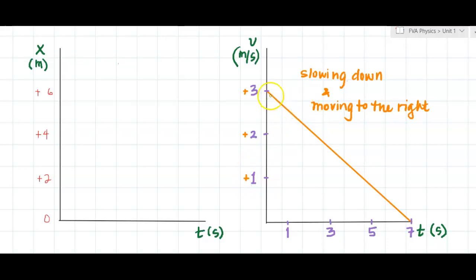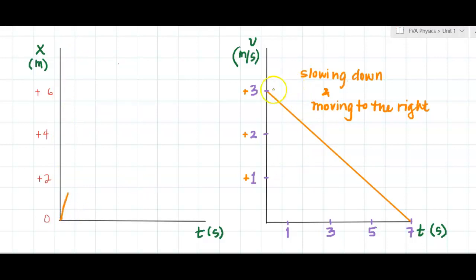So even though this line has a negative slope and looks like it's going down, remember we're reading the velocities, not the position. So over here on the position graph, what would this look like? Well, we start out with a very high velocity. So that would be a very steep slope to begin with.